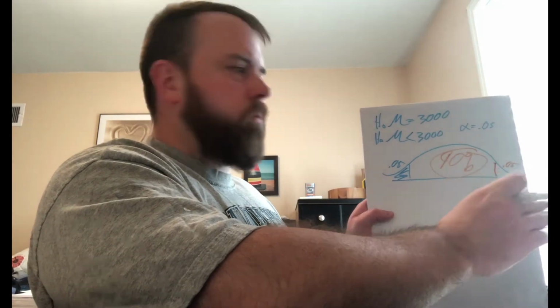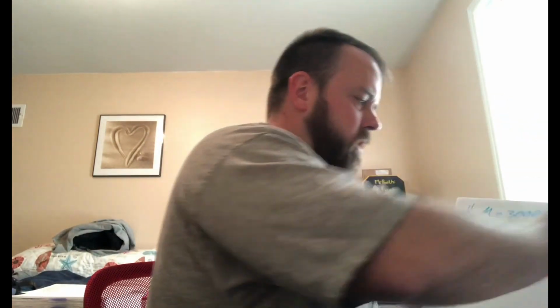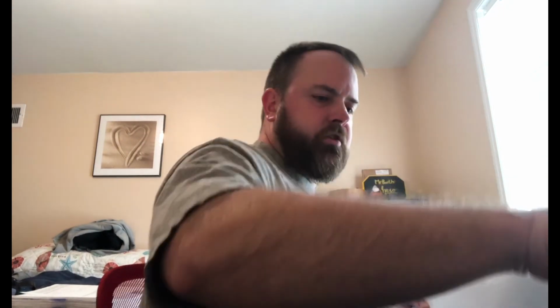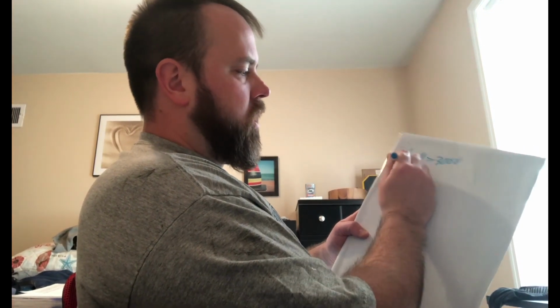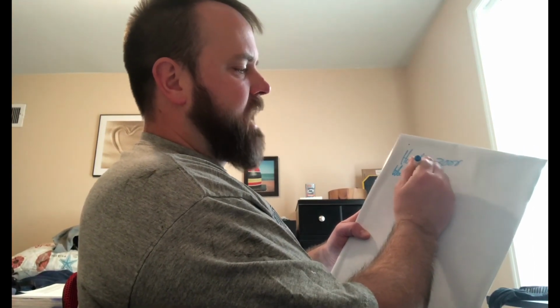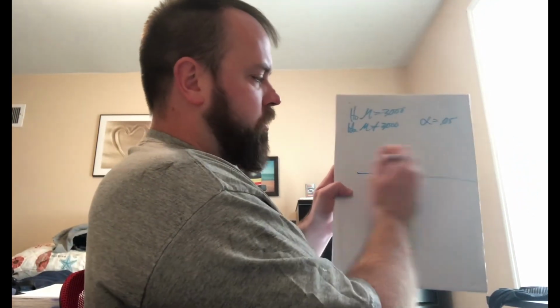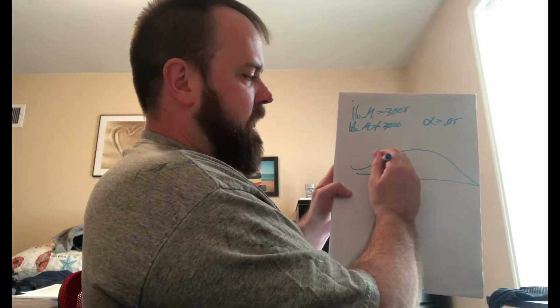If you looked at the normal curve, let's just look at that real quick. Let's just say we wanted our mu to be equal to 3,000, our alternative not equal to 3,000, and our alpha level is 0.05. So it's all the same, except it's not equal to this time. If we were to draw our normal curve, we have the left tail and the right tail.